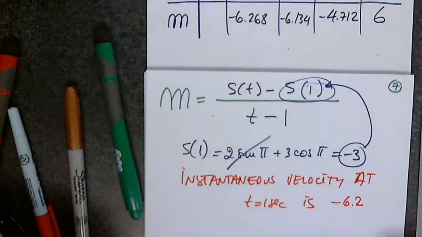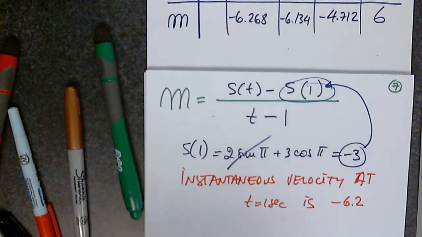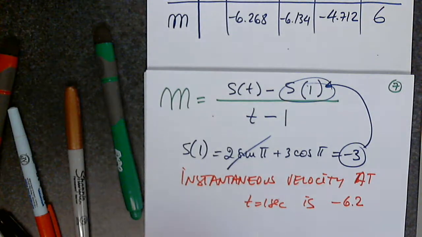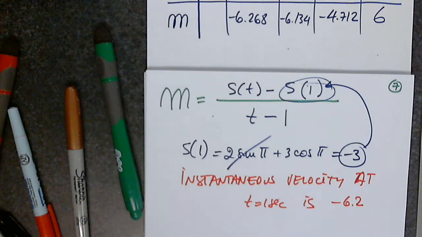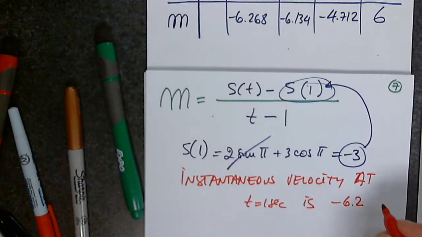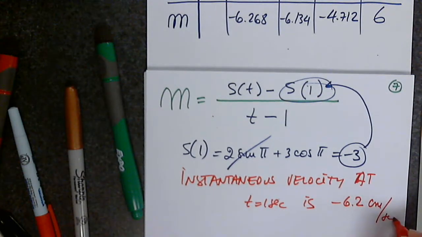Yes, -6.2, which means the particle is coming back. It doesn't mean that the velocity is negative going in the positive direction; the velocity is positive. Coming back, the particle is coming back. It just gives us the direction. -6.2 centimeters per second.